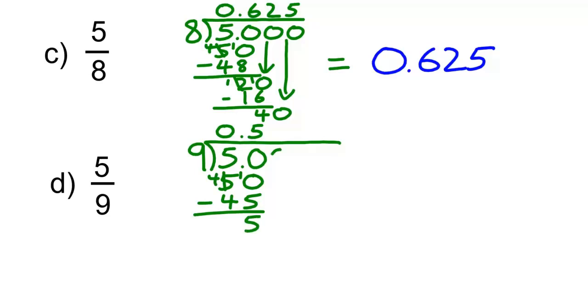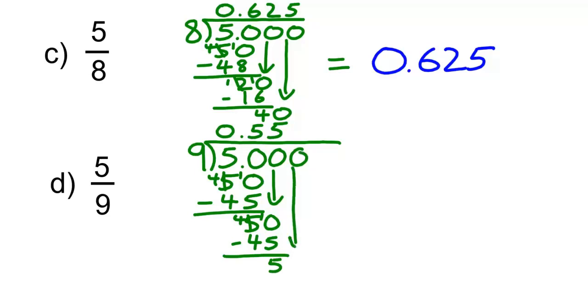Bring down another 0. 9 goes into 50 5 times again. We can start to see the pattern, so we can stop. So 5/9 is equal to 0.5 repeating.